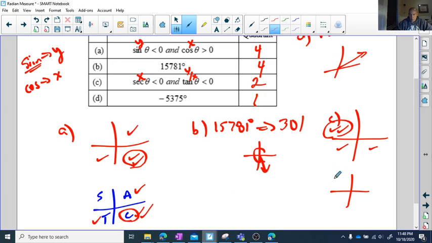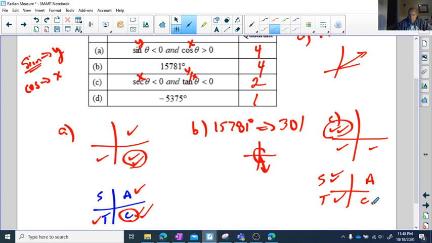This one, secant is the reciprocal of cosine. So cosine is negative here and here. Put your letters in, C-A-S-T. Cosine's positive here and here because C and A, all, and cosine. So it must be negative in these two. Tangent is positive in these two, and I'm looking for where tangent is negative.